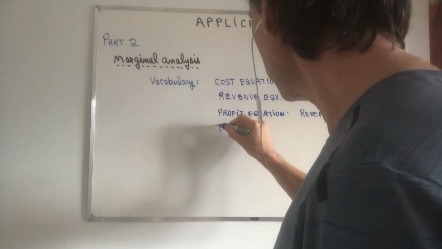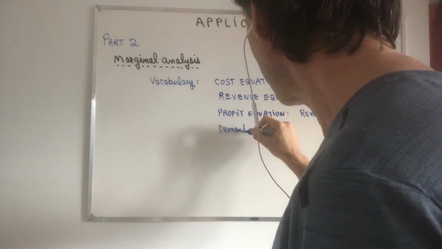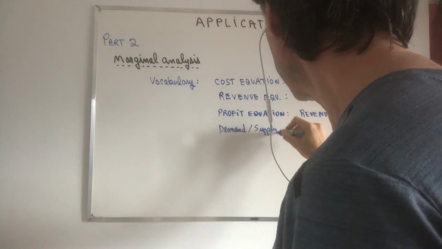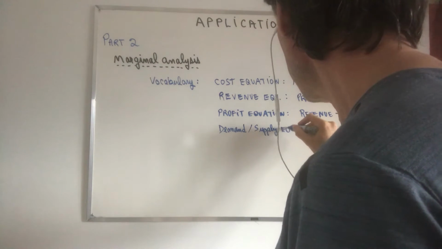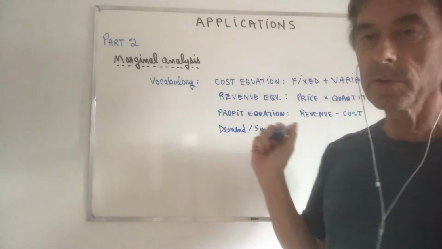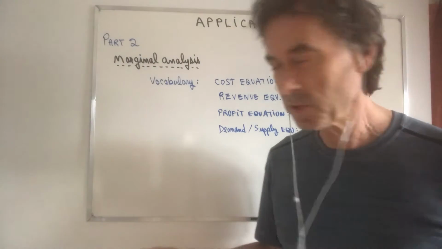Also, finally, there is a concept that we call the demand or supply equation. We're not going to go into details of this. You'll study this a lot more in Calculus 2 and also in an economics class.